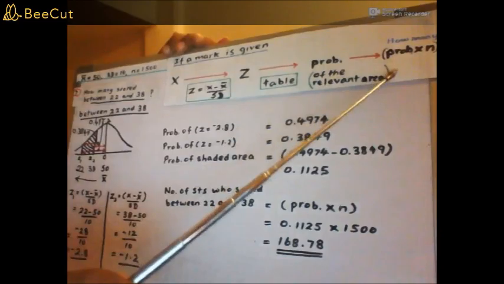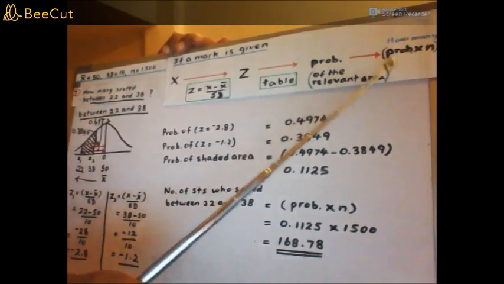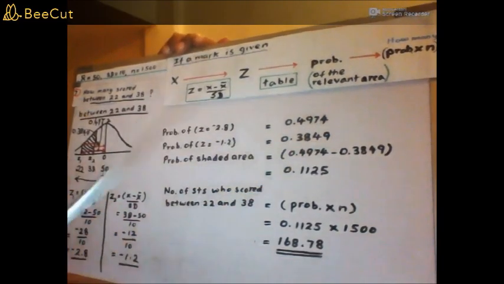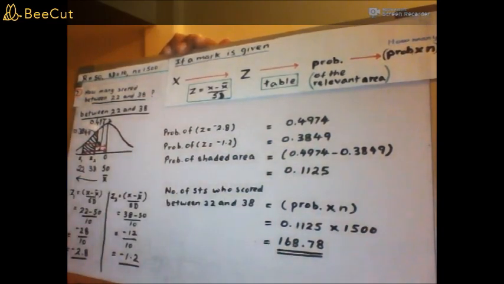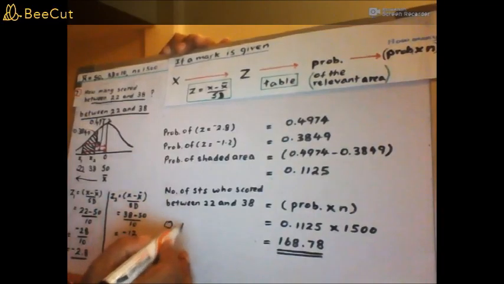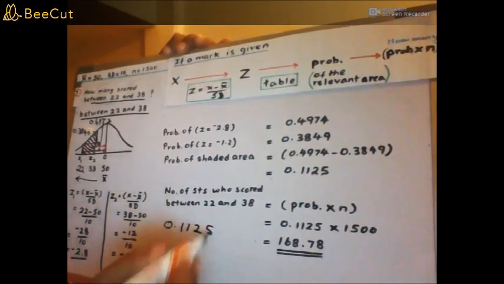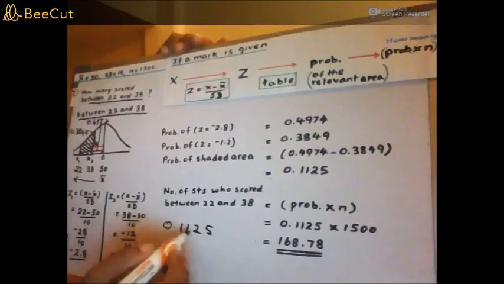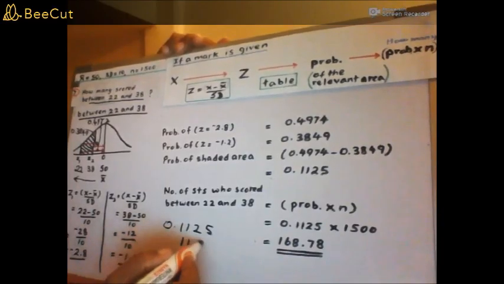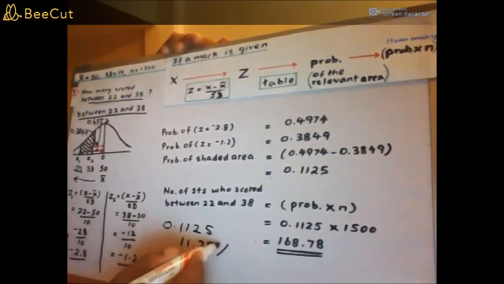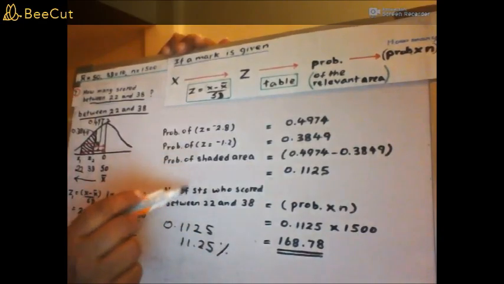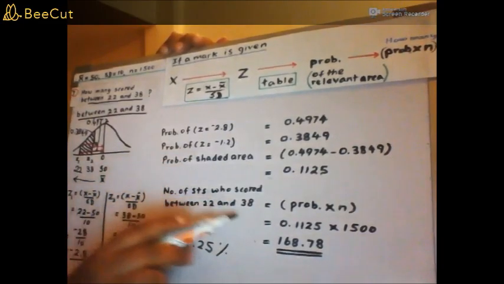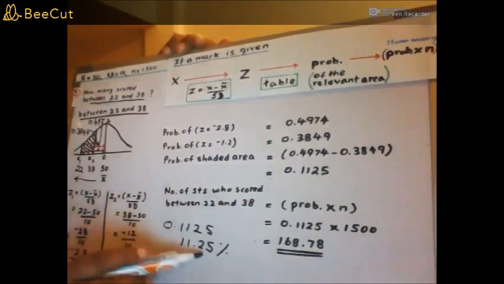Then this is the additional part: probability into n. Probability means a percentage. In this case, now it is 0.1125. As a percentage, what is that? 11.25% of students have scored between 22 and 38. 11.25%, out of what?